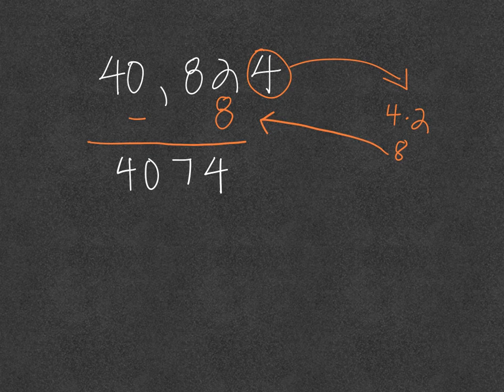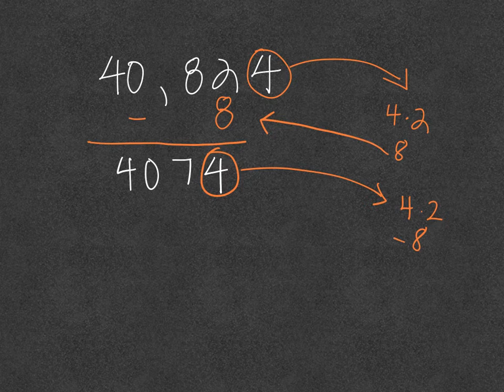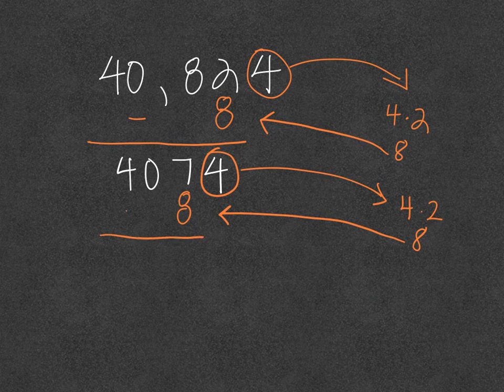Now we'll repeat that process. So it ends in a 4. We're taking that number away. 4 times 2, and that gives us 8. So we're going to bring the 8 back over here and subtract it from the part that's remaining. So we are going to have to borrow here.